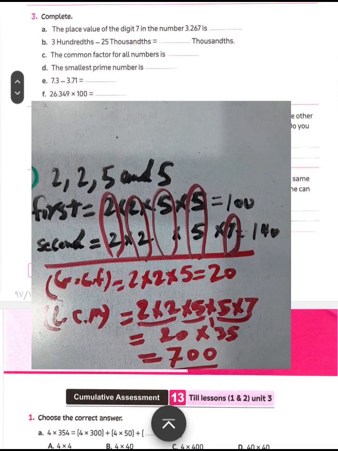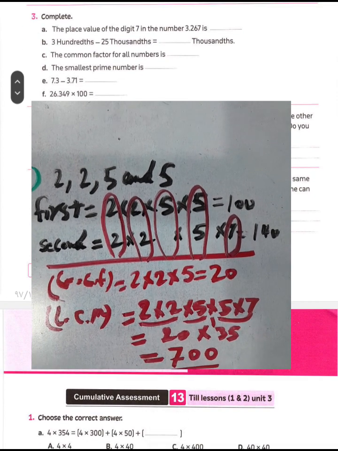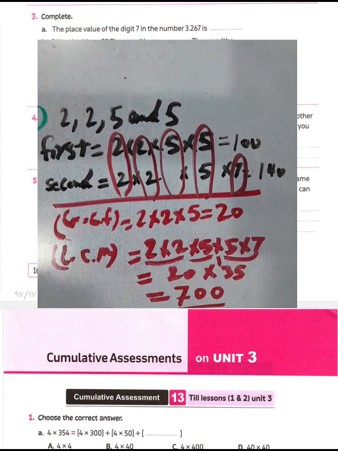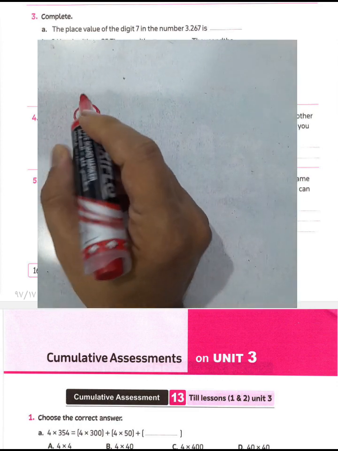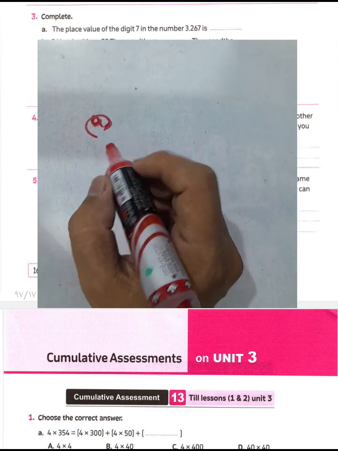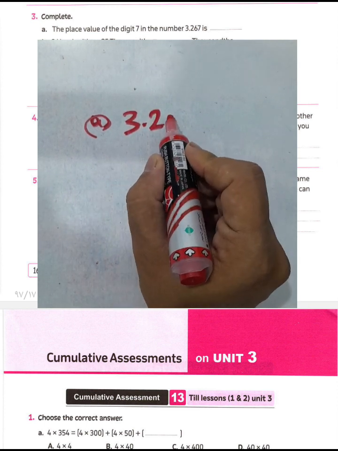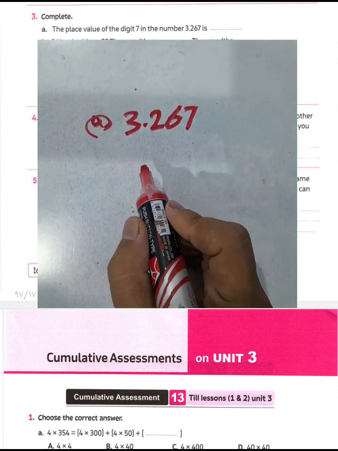Question number 3. Complete: the place value of the digit 7 in the number 3.267 is. You want to find the place value of the digit 7. Write the place value of the digit 7 in the number he gave us, question letter A. The digit 7 in the number 3.267: hundredth or thousandth?